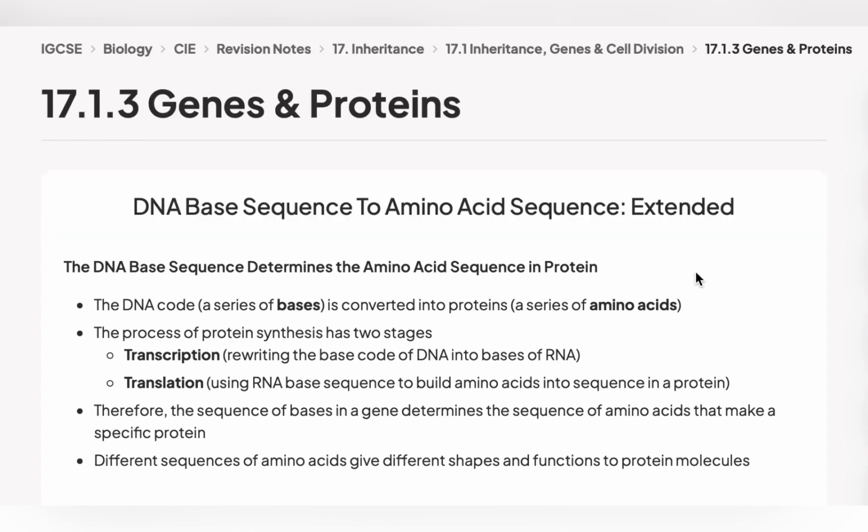So when the RNA sequence builds the amino acids, they join together to build the amino acids into a sequence in a protein.